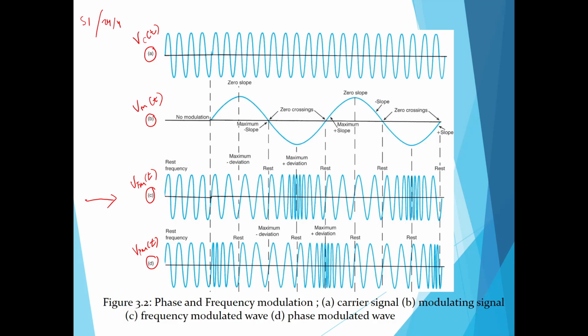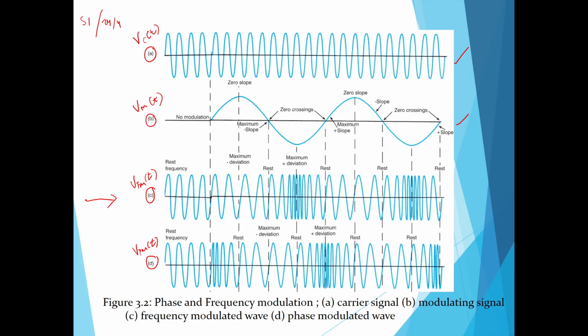If I just give you wave C and D, you cannot differentiate whether this is FM or PM. So in order to differentiate the two waves, you need additional information about the carrier and also about the modulating signal or message signal.